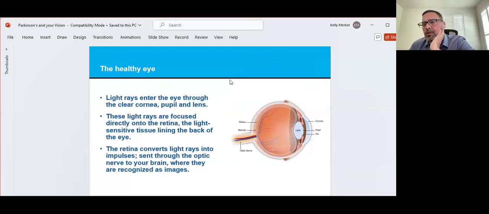And also the optic nerve is part of brain tissue. So all of those conditions can degenerate over time, just like there are degenerations that occur at the level of the brain. And conditions such as Parkinson's and Alzheimer's can affect the retina and the optic nerve, in addition to many other conditions that affect the brain.